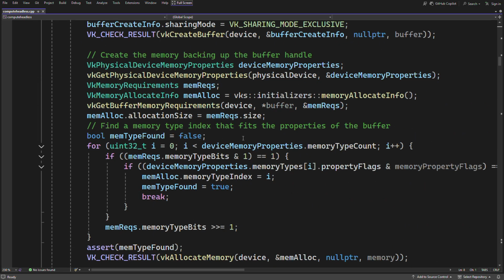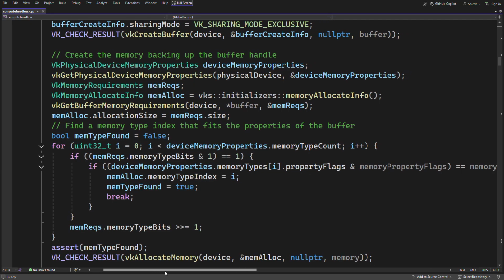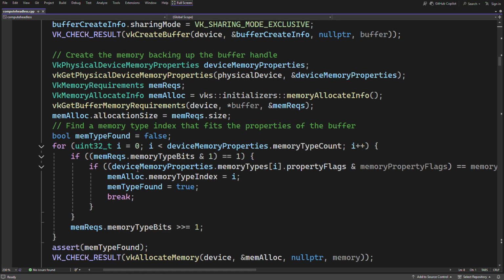Here we're dealing with memory types for choosing the correct memory for our application, and this is pretty much where I want to spend this episode.